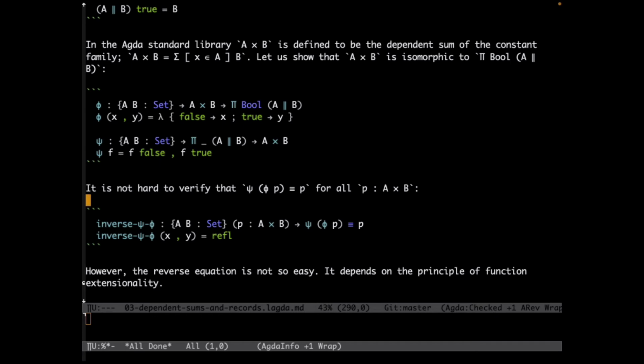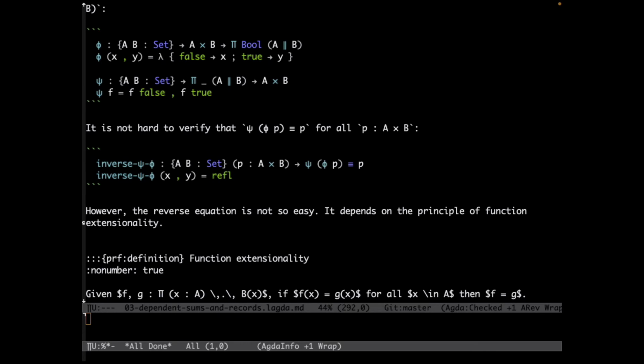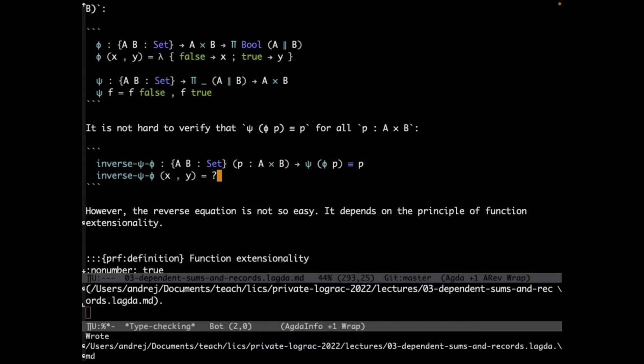Okay, so now, what else? Now we want to show that phi and psi are inverses of each other. So how do we do that? Let's show that for every element p of A cross B, phi psi of p equals p. So what happens when you try to do this?